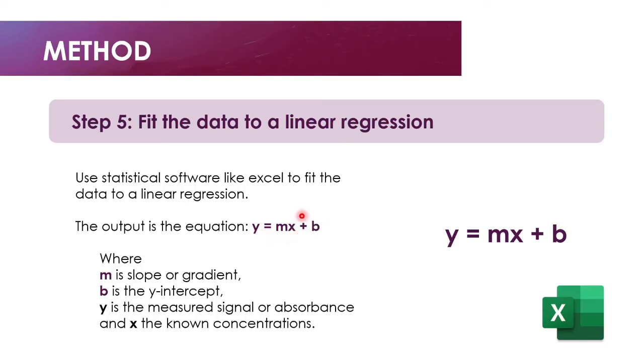And this is normally called the equation of the line. Where m is the slope or the gradient of the graph, b is the intercept on the y-axis, y is the measured signal or absorbance on the y-axis, and x is the known concentration on the x-axis.